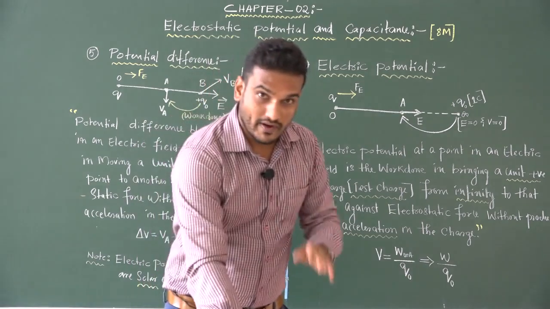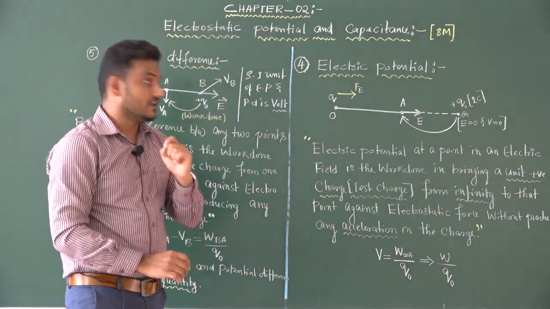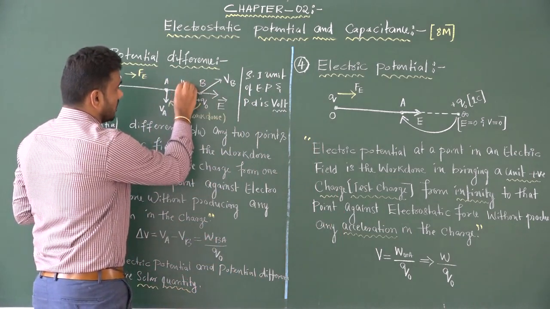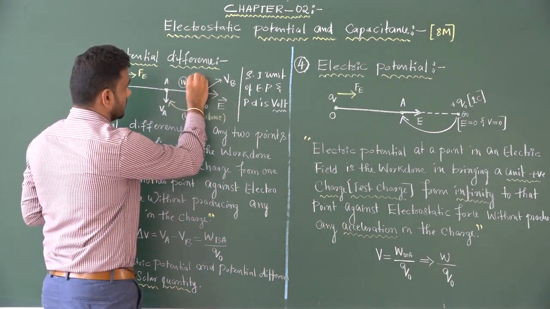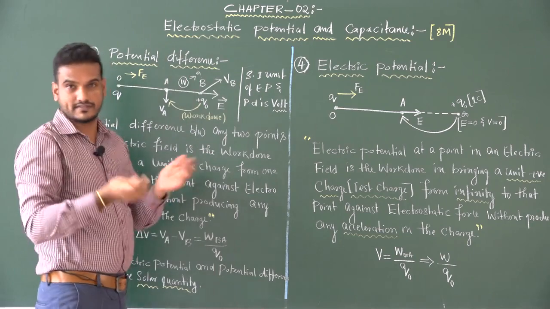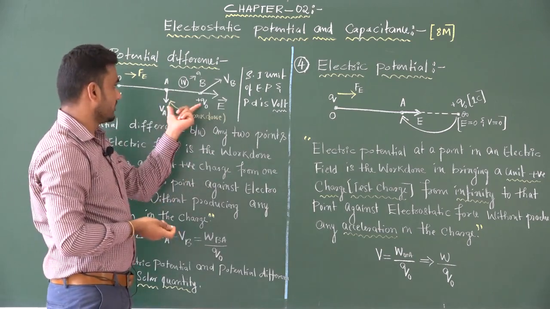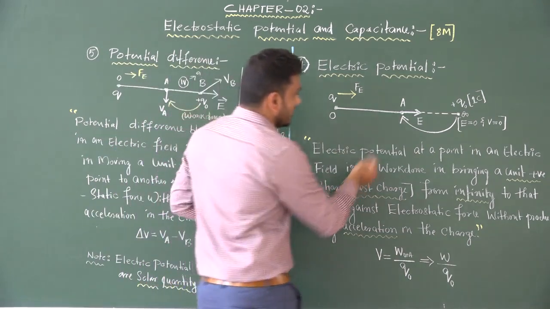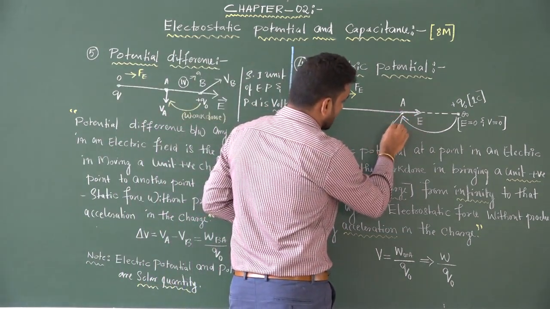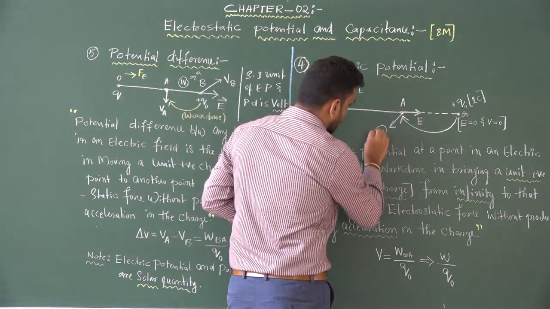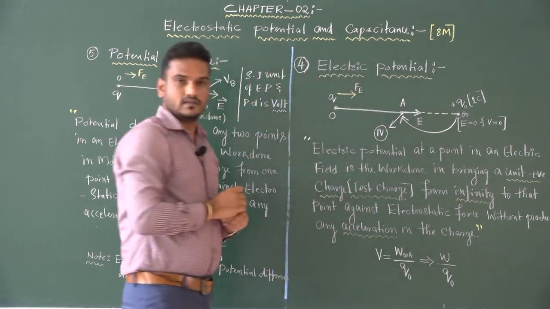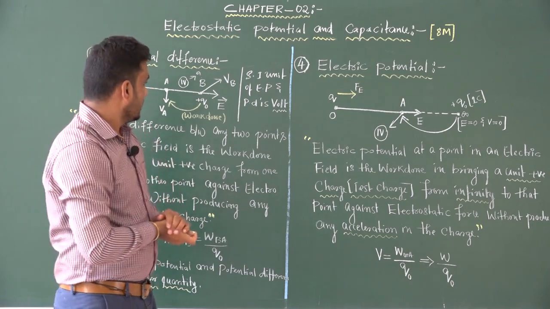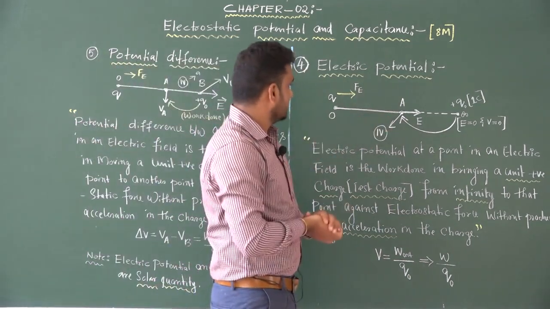Then when is the potential difference between any 2 points said to be 1 volt? Similarly, when is the electric potential said to be 1 volt at the point A in an electric field? First I am going to define this.